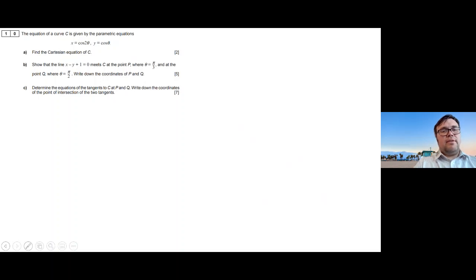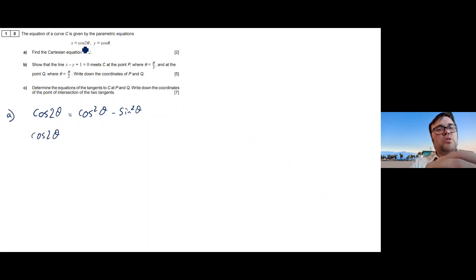So if we look at part A first of all. Part A says x equals cos 2 theta, y equals cos theta. Find the Cartesian equation, which we need for solving this. So you know cos 2 theta is equal to cos squared theta minus sine squared theta, or cos 2 theta.